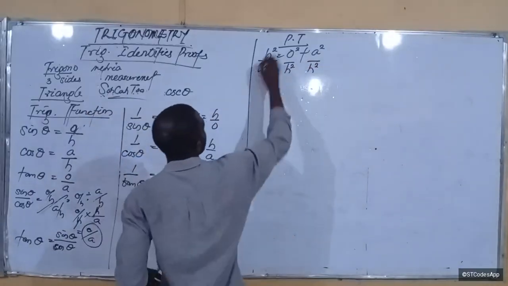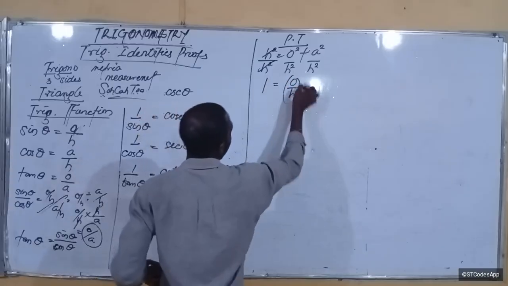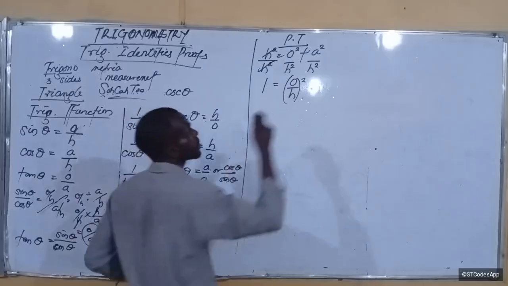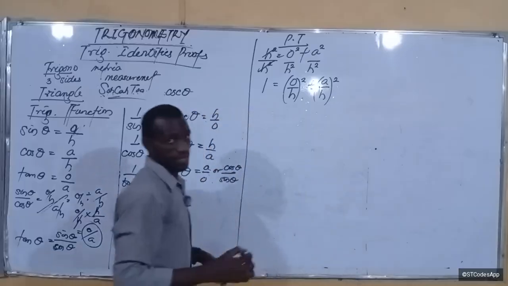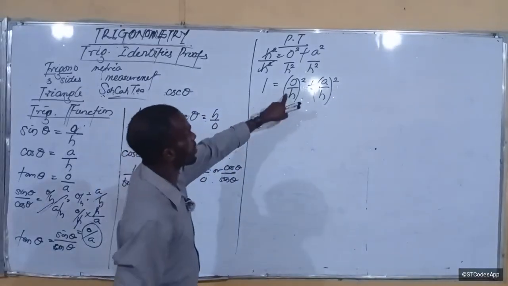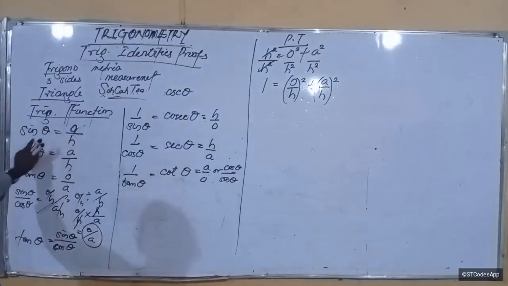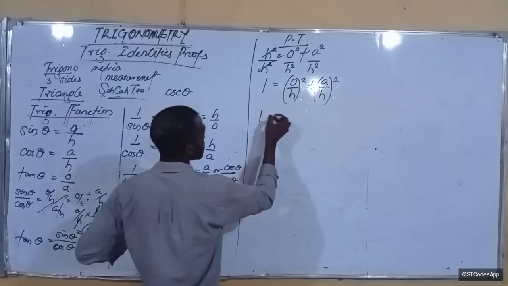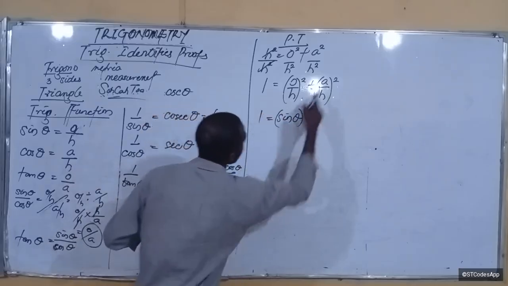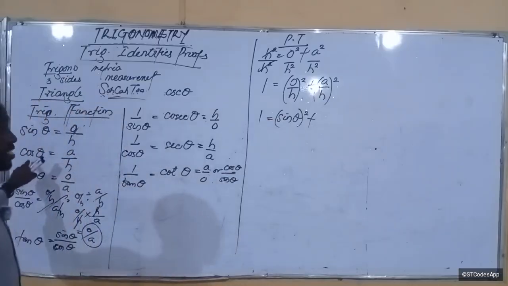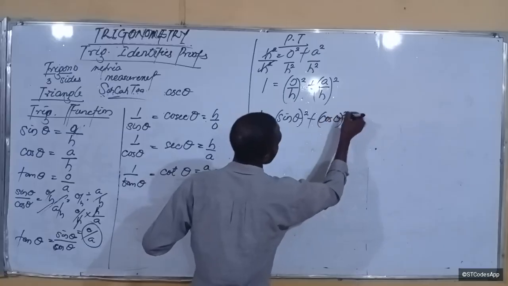What am I going to have here? This takes care of this, and I have 1 is equal to opposite over hypotenuse all squared, right? Plus adjacent over hypotenuse all squared. Now, what is opposite over hypotenuse? It turns out to be sine theta. So 1 on this side is equal to sine theta all squared plus adjacent over hypotenuse, which is cos theta. So we have cos theta all squared as well.